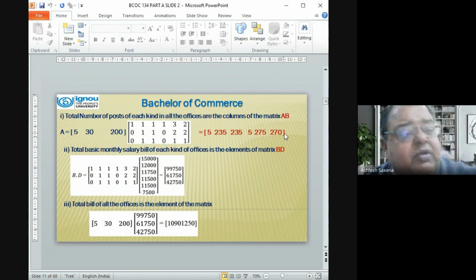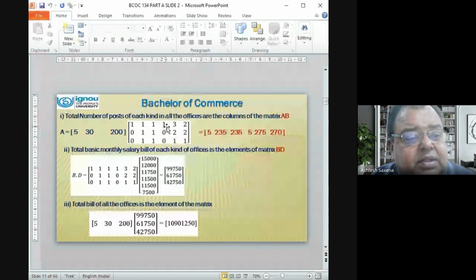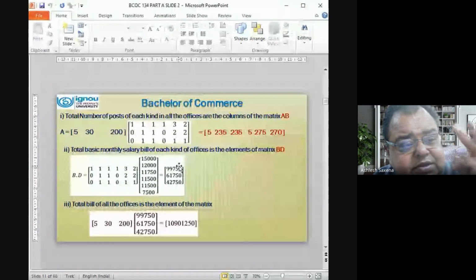Now we have to calculate the total basic monthly bill for each kind of office. It is the element B into D, into the salary. Okay, so you can see over here, there are three offices, three divisions. This is the salary.